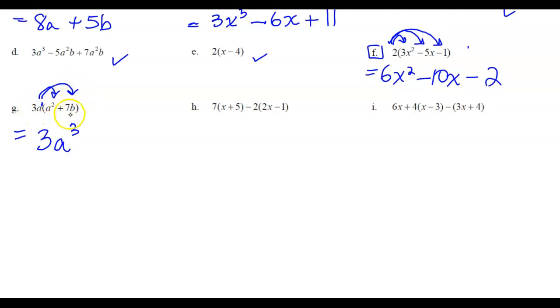And then multiplying 3a times 7b is plus 21ab. So you have to treat everything inside the brackets the same. You multiply it by that number out front, or variable out front. Doesn't really matter, but we usually put alphabetical order.